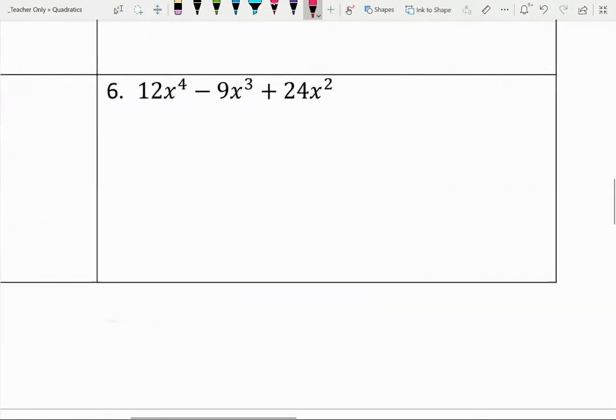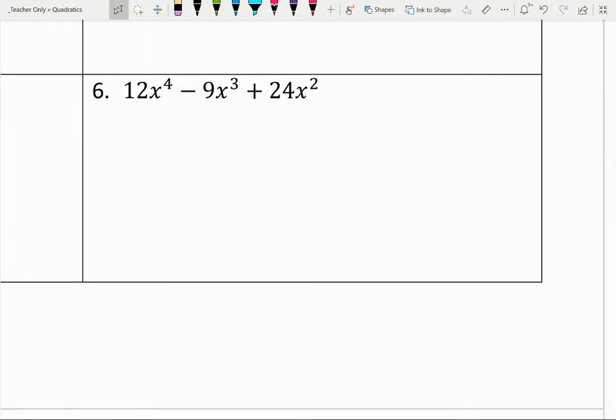One more example. This one has 3 terms in it, which always makes it just a little bit more challenging. So remember, when we're thinking of the greatest common factor, we can think of the numeric coefficients first, and then we can also think about the variables here. So x to the 4th is x times x times x times x.